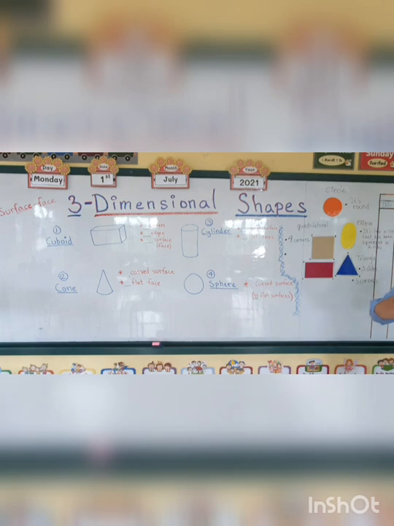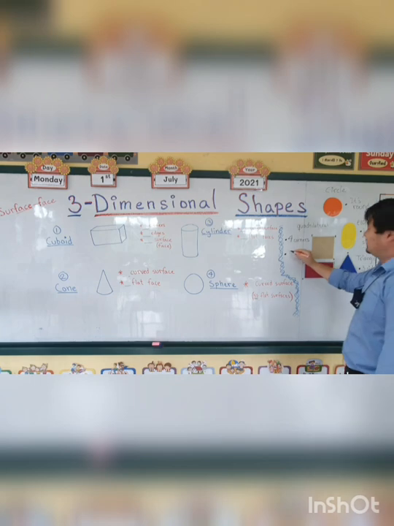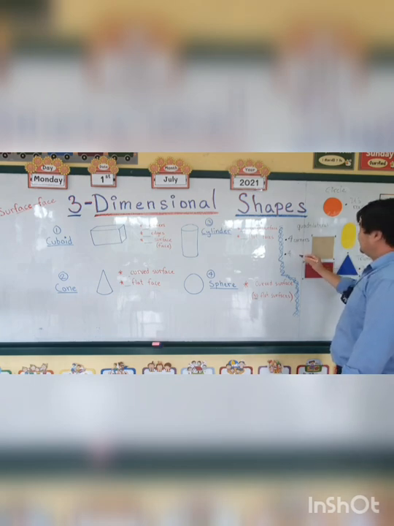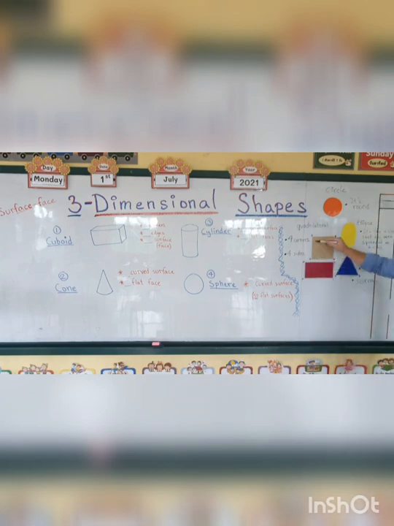What else? Four sides? You are correct. They also have 4 sides. Let's count the sides. The square. 1, 2, 3, and 4. Yes. So the square fulfills all the criteria with 4 corners, 4 sides to be a quadrilateral.